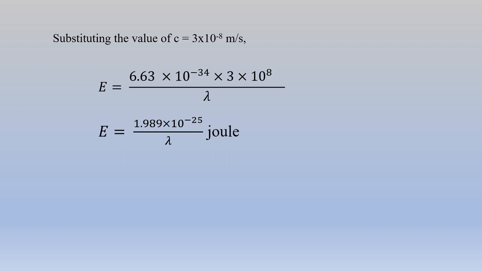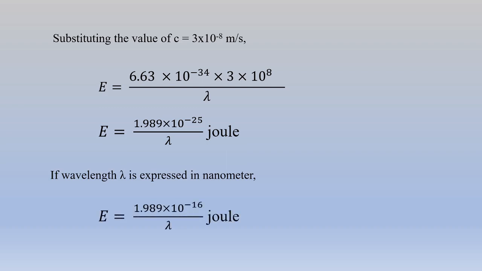When lambda is expressed in nanometers, the energy of the quantum can be rewritten as E is equal to 1.989 into 10 raised to negative 16 divided by lambda, provided lambda is expressed in nanometer. So this is the expression for the energy of the photon when lambda is in nanometer.